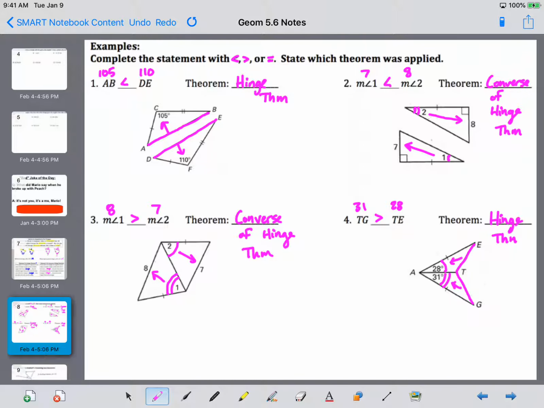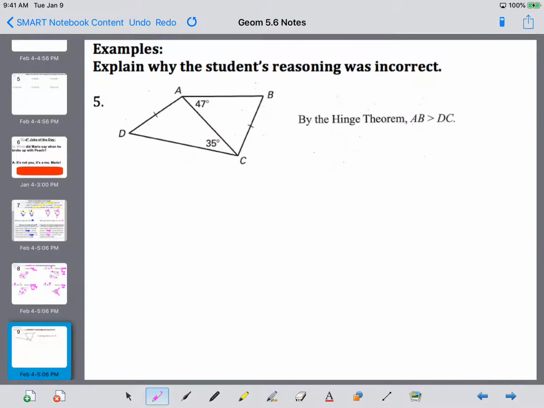Your next example is using the same idea, but this student here made a mistake. What they're saying is that by the hinge theorem, this side AB has to be greater than this side DC. And we can't actually say any comparison with those because this angle, 47 degrees, is not across from AB, and this angle of 35 degrees is not across from CD.